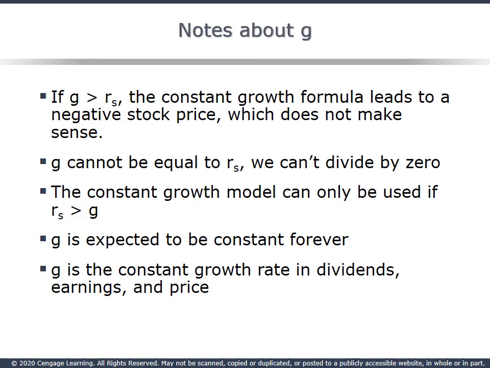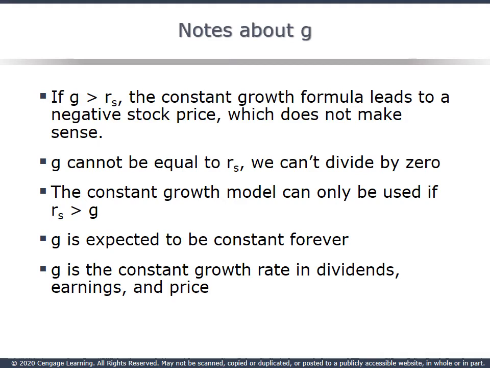And that doesn't make any sense at all because we can't have a negative stock price. We know from way back in chapter 1 that you can't have a negative stock price. An investor can never lose more than what they've invested in the stock because corporations offer their owners limited liability. So g can never be bigger than R sub S.